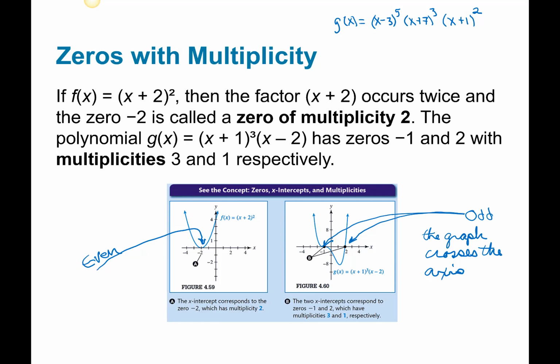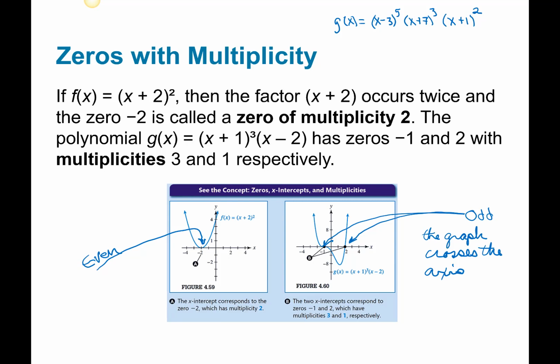So you can tell by the multiplicity how the graph will behave at that 0 on the x-axis. Will it cross, or will it just turn around and go back where it came from? Does that make sense to everybody?